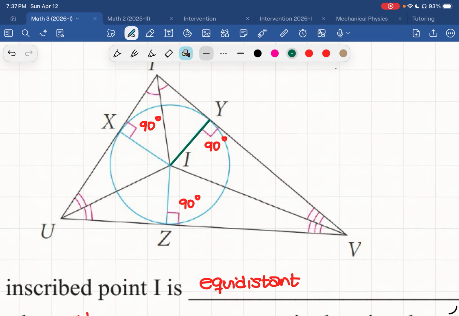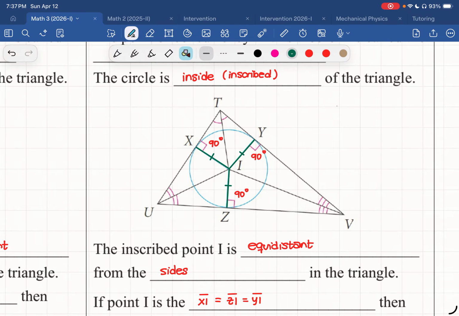So we have this one, we have this one, and we have this one. In this case, as we are not using lines in this triangle for the sides, we can just say, okay, this and this are exactly the same, okay?